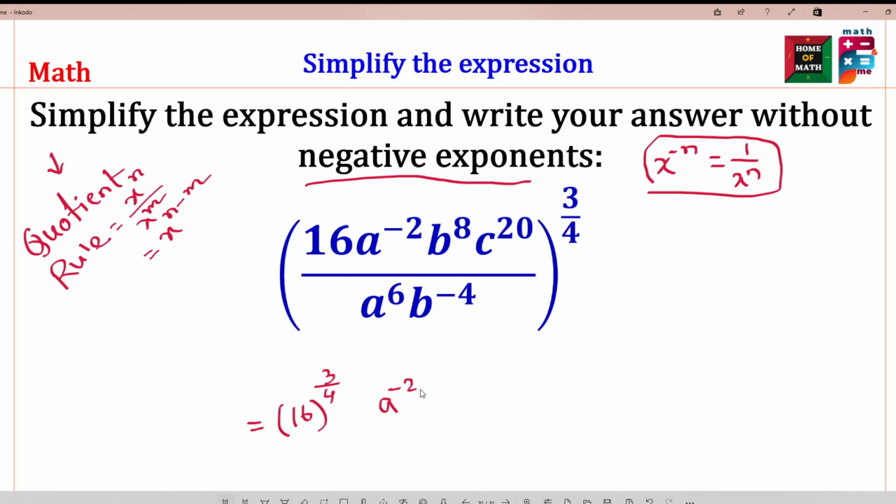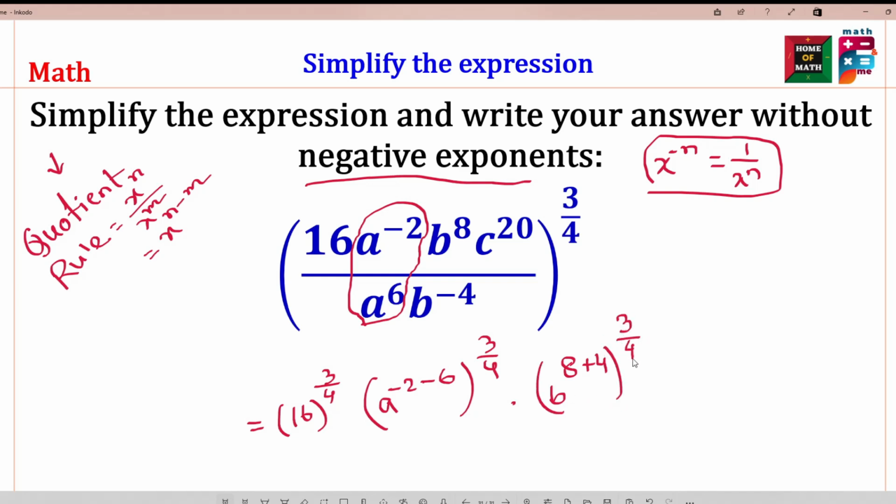It means here is minus 2 and here is minus 6, and here is whole power 3 by 4. Okay, next b, here is 8 and this minus 4 becomes plus 4, then power 3 by 4, and finally c to the power 20, power 3 by 4.